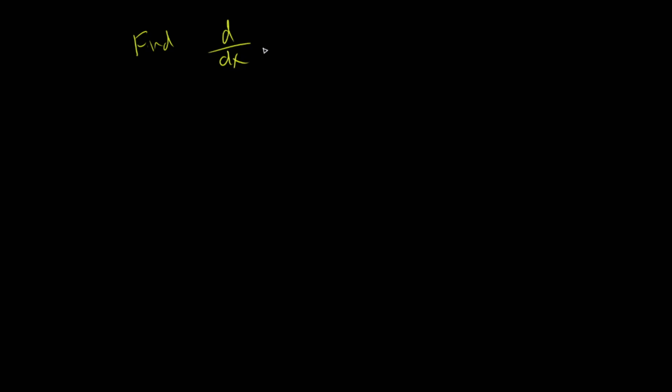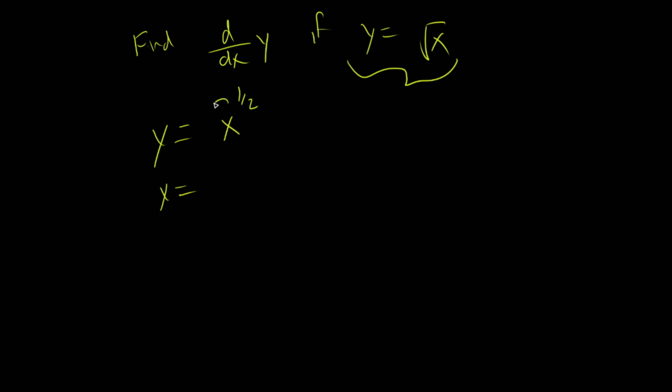Now let me do some other examples involving a radical. Let's say find d of dx of y if y equals the square root of x. Now, right away, you can see that this isn't a power function. However, I could write it as a power function. I could say y equals x to the 1/2. And in this case, we would just apply the same rule. So we bring the power down, 1 over 2 times x to the 1 over 2 minus 1.